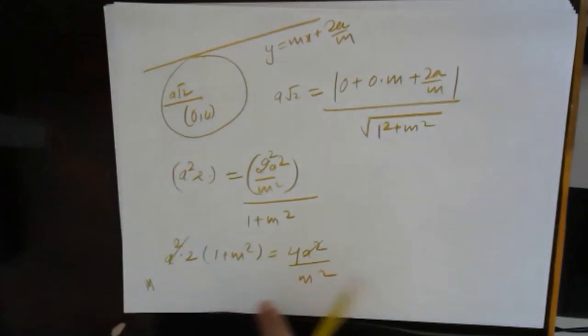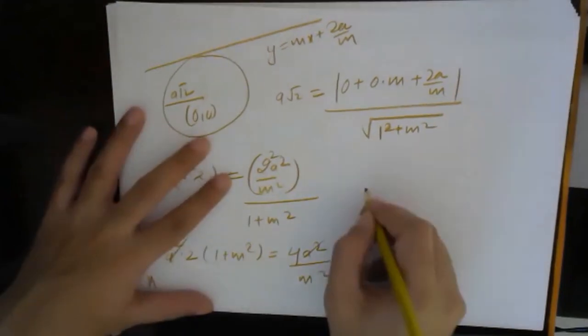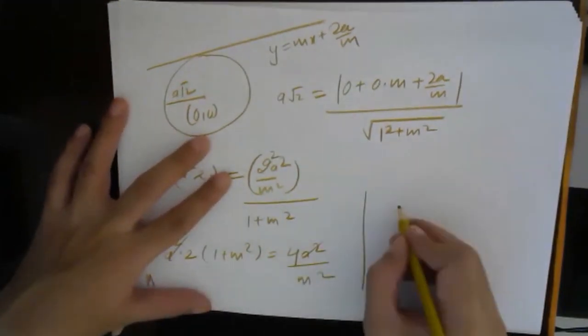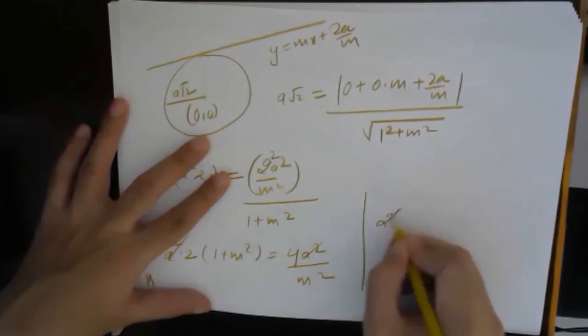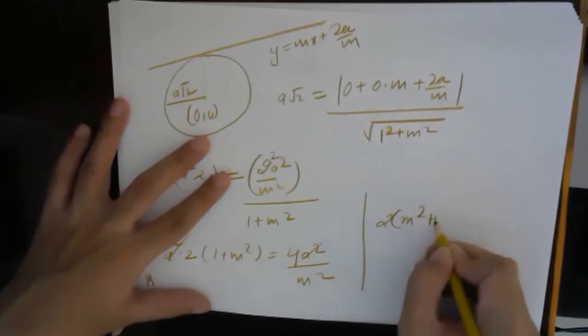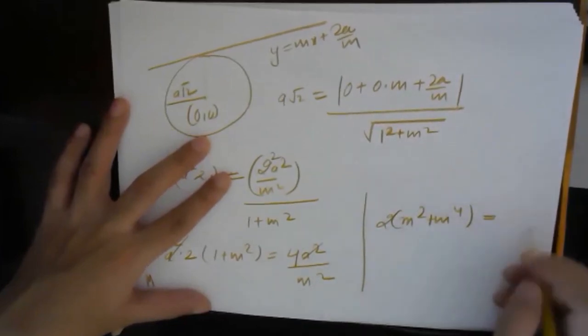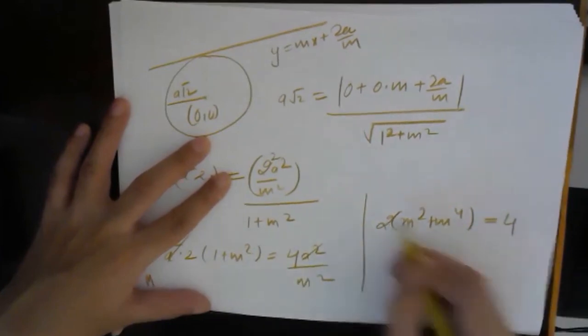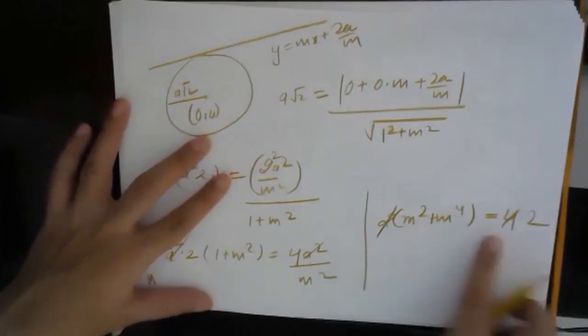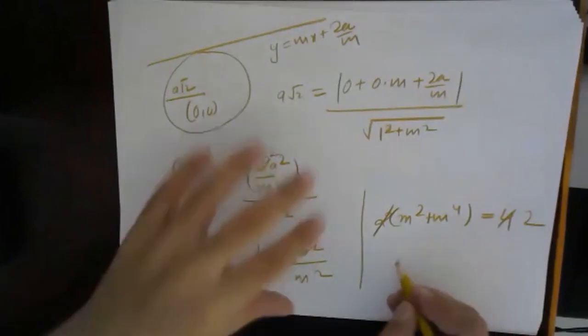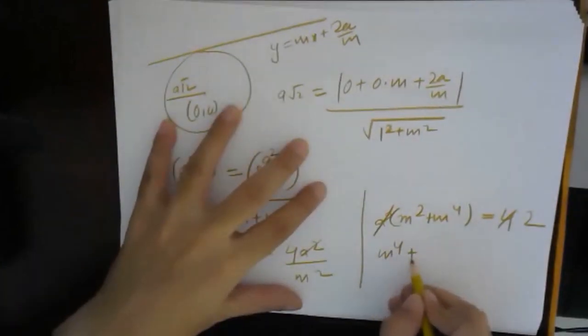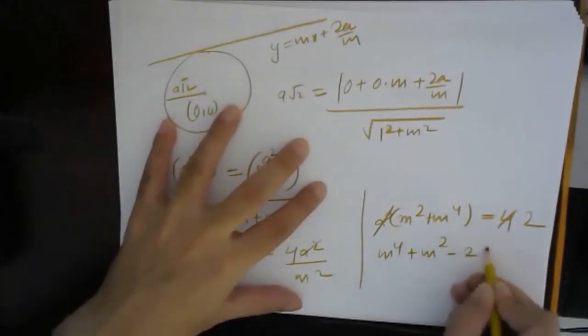From here, 2 into (m square plus m to the power 4) equals 4, and the 2s cancel. So this will be m4 plus m square minus 2 equal to 0.